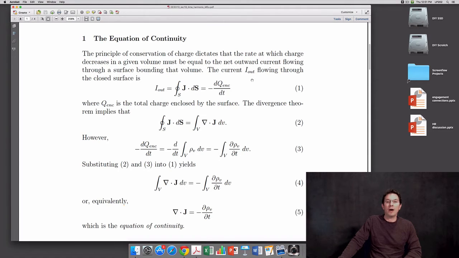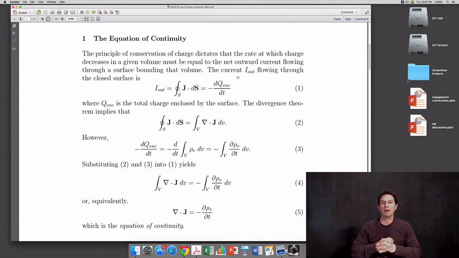The current I out flowing through the closed surface is given by the following. I out is equal to the flux of the electric current density J through the surface. And that flux of J is equal to the negative time derivative of the total charge enclosed by that surface.